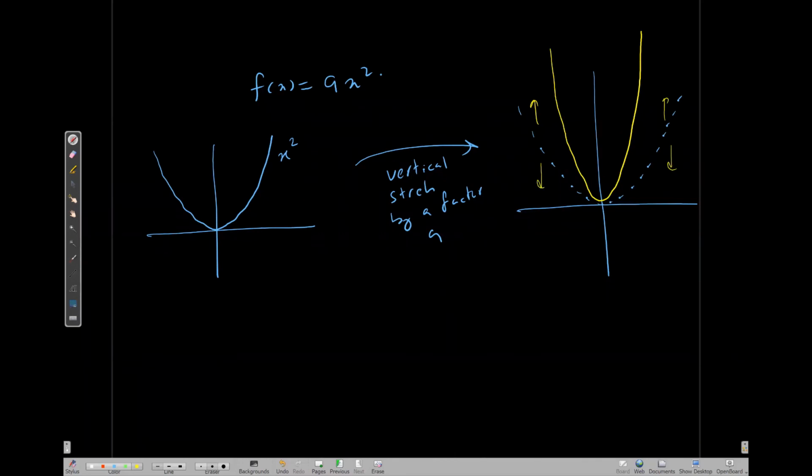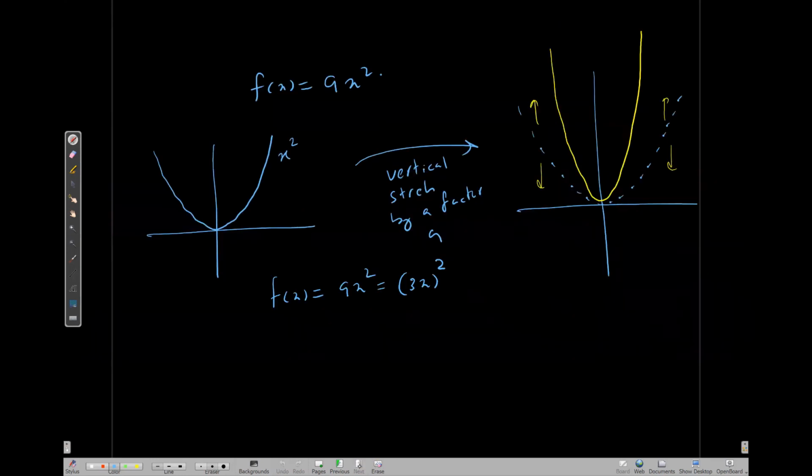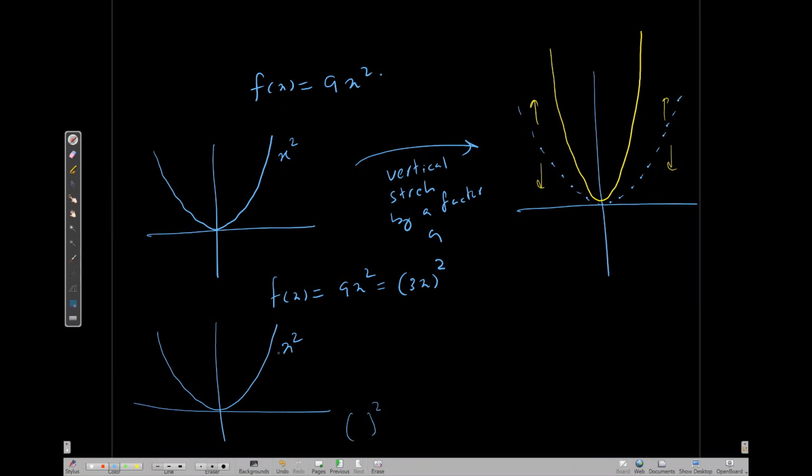Now you can address the same thing in a different way. 9 is a nice number, so it's 3x, everything squared. Let me show you the previous slide. Now I am going with horizontal, so I am making a change to my variable. Can you guys understand that? My base function is x squared, so the form of that function is something squared, and in front of my variable I am putting a number 3.